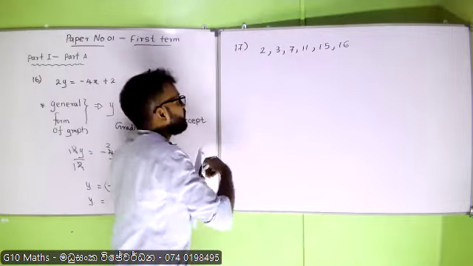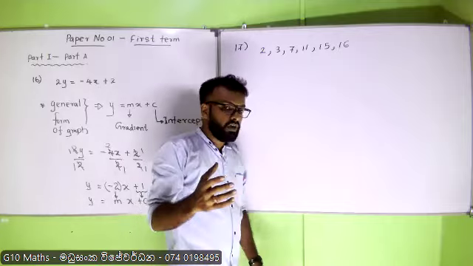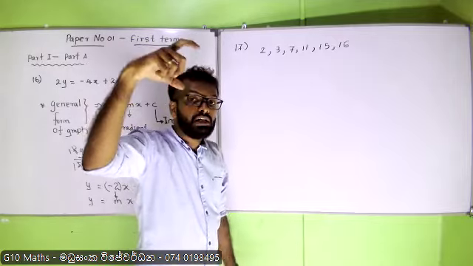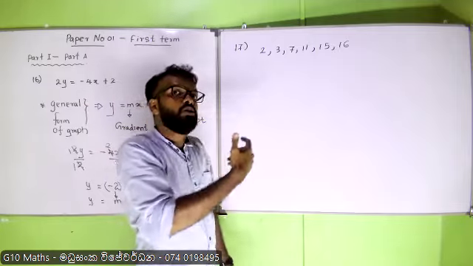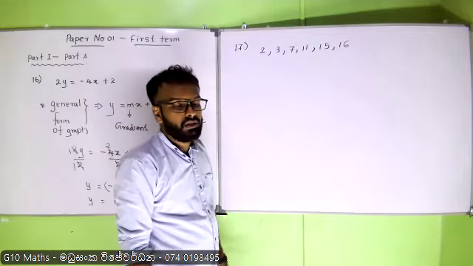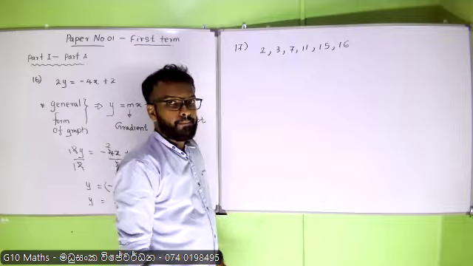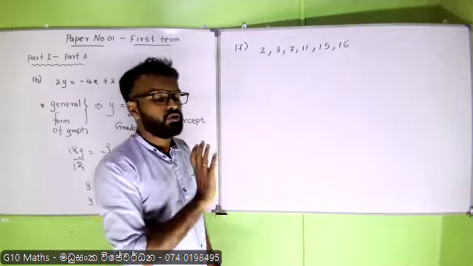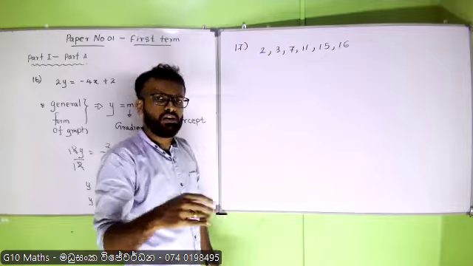So now let's count the number of data. Before counting, you need to check whether your data is in ascending order or not. If your numbers are jumbled, then you have to arrange the set of numbers in ascending or descending order.